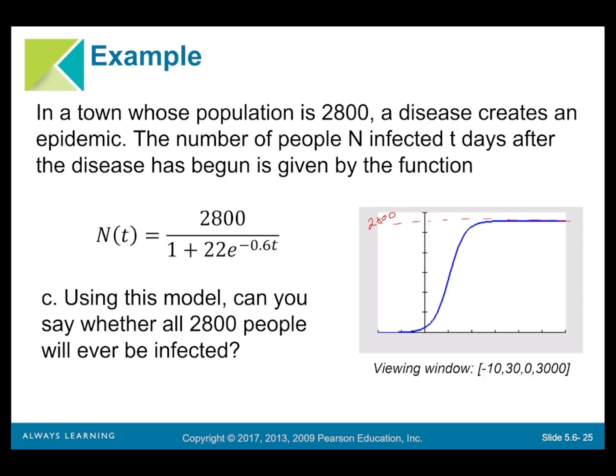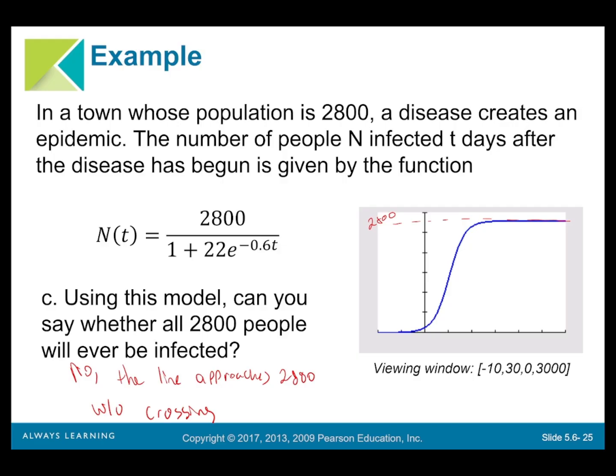They don't actually ever cross it. So will all 2,800 people ever be infected? No. The curve approaches 2,800 without crossing, because 2,800 is our horizontal asymptote.